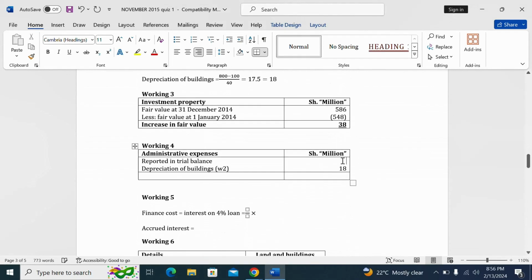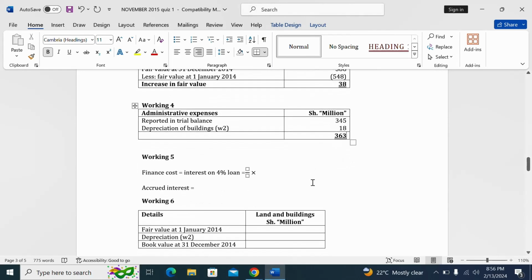I'll come here and add 345 plus depreciation of building, 18 million. We are getting 363 as our total administrative expense.